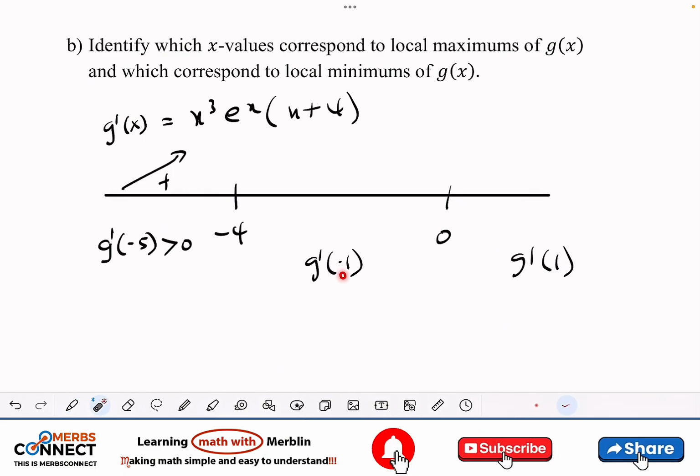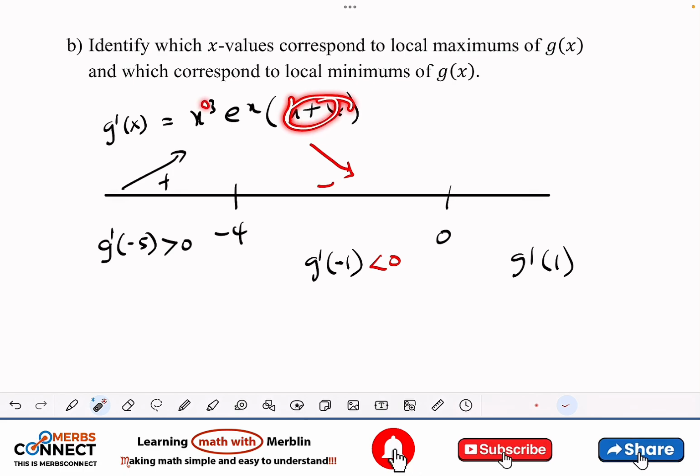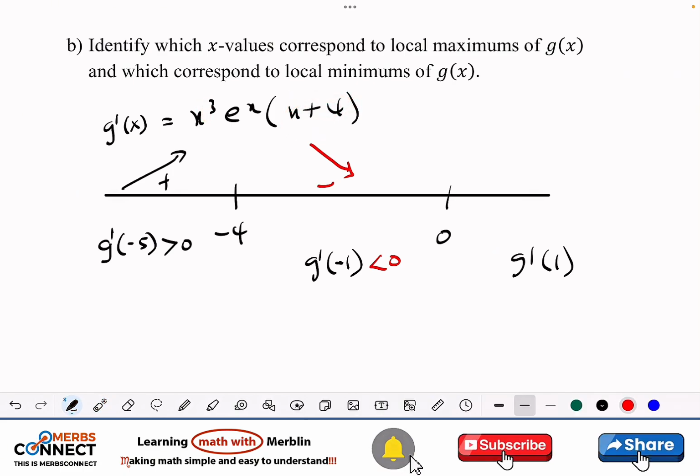Let's plug in -1. As I said, since this one is odd, this one is going to be negative. -1 plus 4 is 3, so positive. Negative times positive is going to be negative. So this is less than 0, minus, and this one is going to decrease. Plug in 1. Everything is going to be positive. So this is going to be greater than 0, positive, and this is increasing.